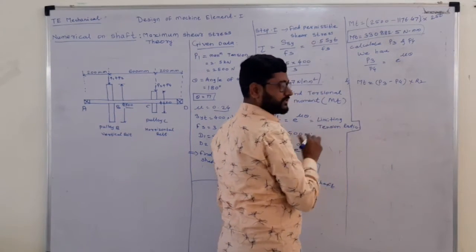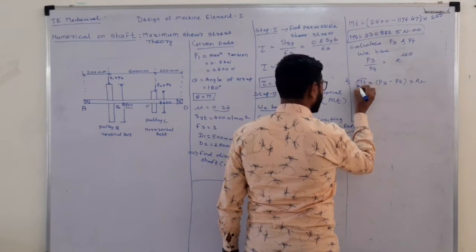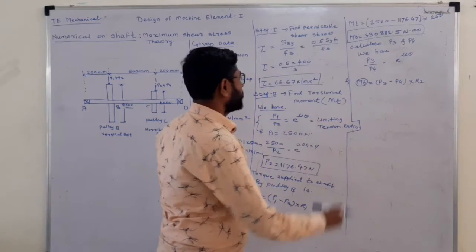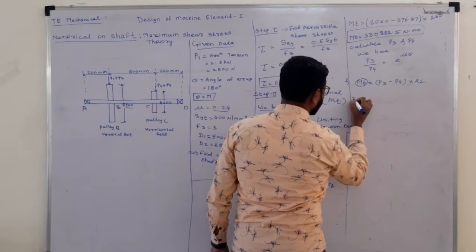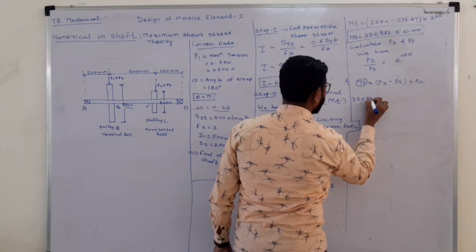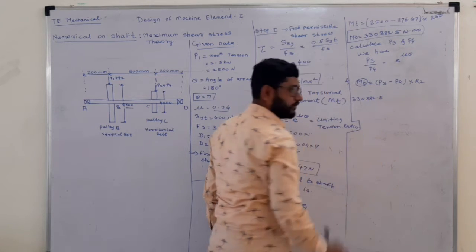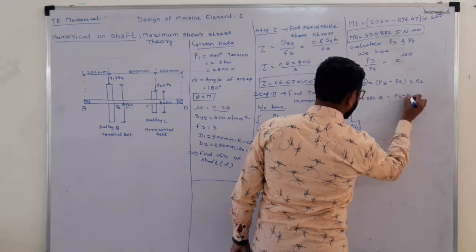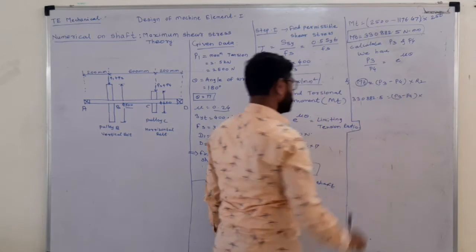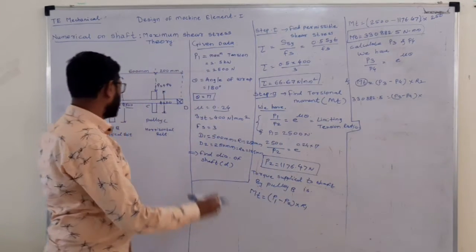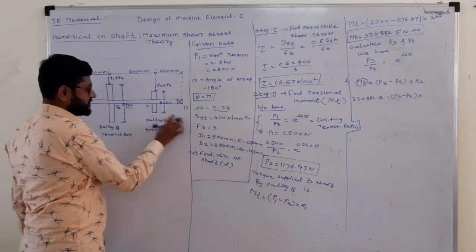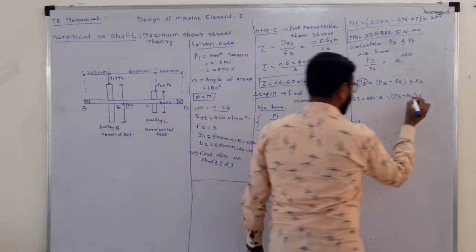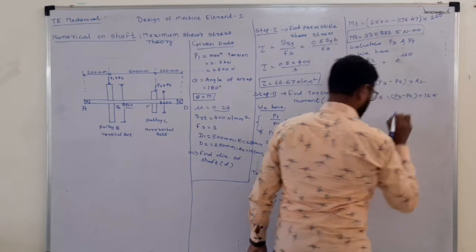So here from this equation Mt, we have already calculated the value of Mt, torsional moment is 0.5, that is equal to P3 minus P4 into radius of pulley C, that is R2, equal to 125.